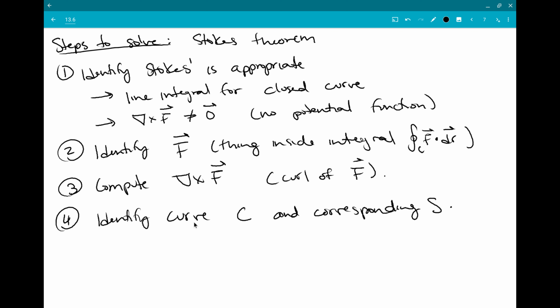And then you're going to want to identify the curve C and its corresponding surface. So your curve will be closed. And your surface S will potentially have more than one way you could pick it.